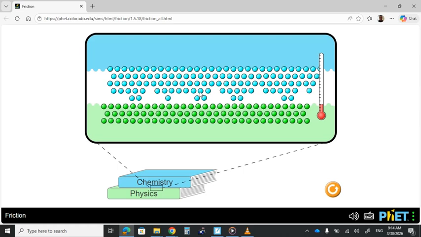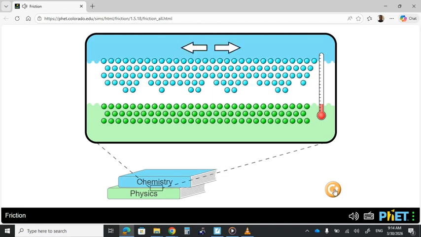If you rub these things together, this simulation doesn't show the pushes and pulls as much, but picture if I slide this thing sideways, it should let me slide it sideways. Pause the video and see why this is. I might have to refresh here. There we go.